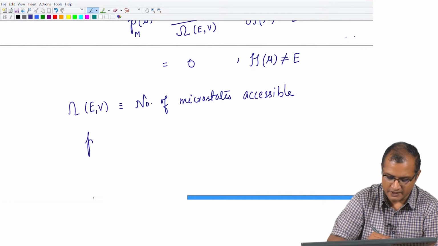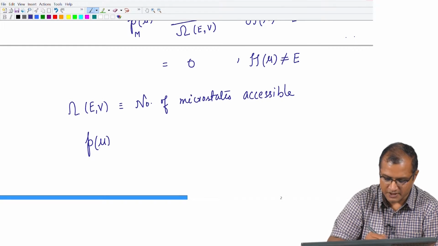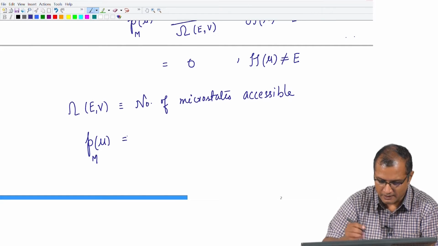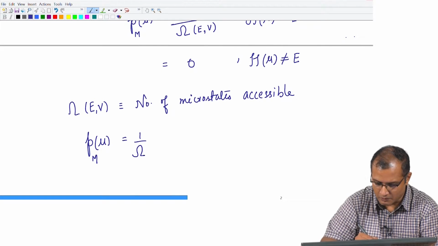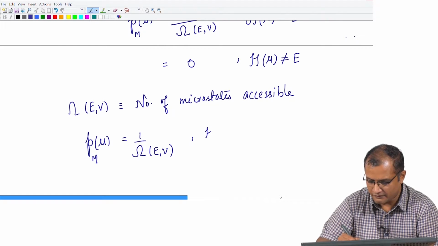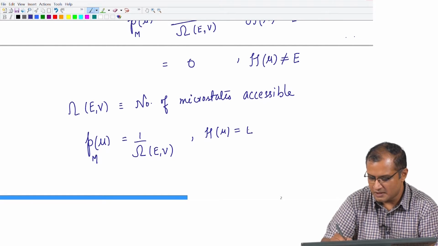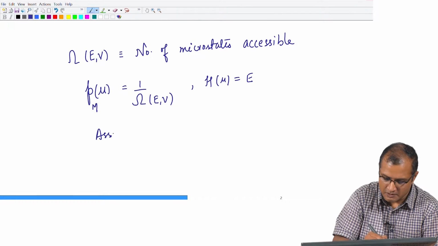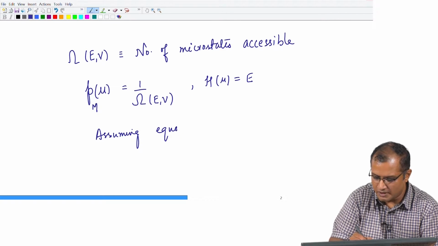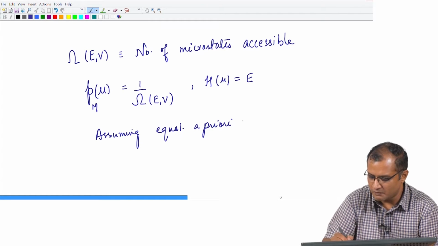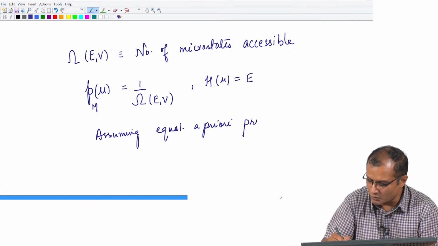The fact that I have taken the probability of any microstate corresponding to a macrostate M as 1 upon omega if H_mu is E, this means that I am assuming equal a priori distribution, or equal a priori probability distribution.